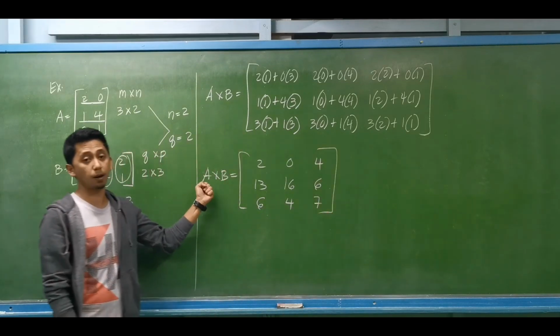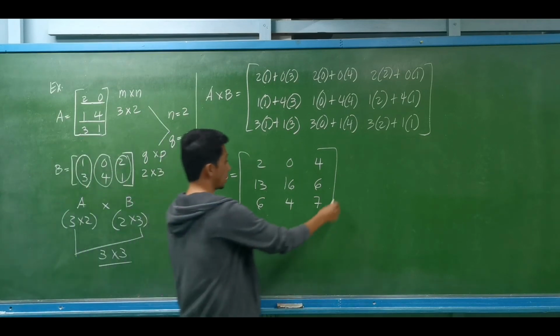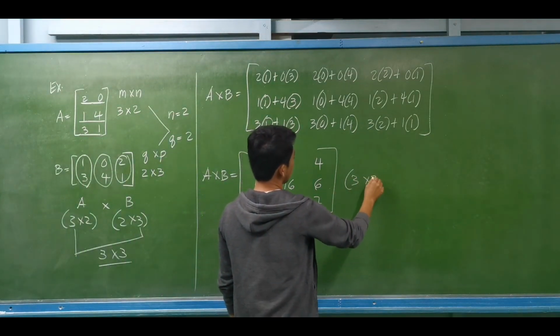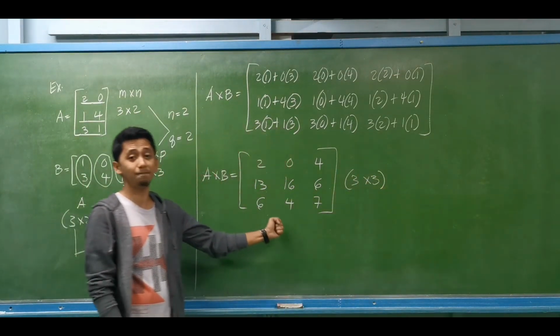And this is the product of matrix A and matrix B, which is this time a 3 by 3 matrix. So this will be our answer.